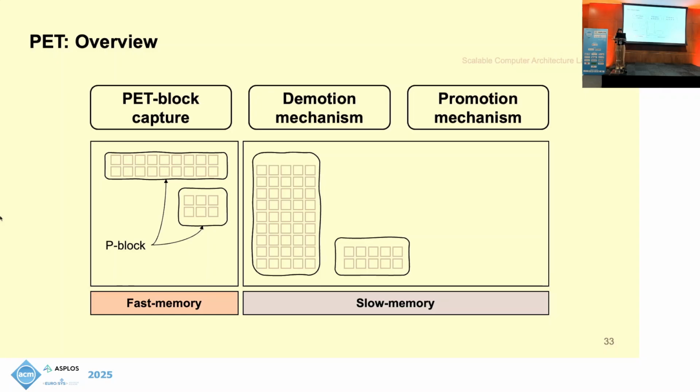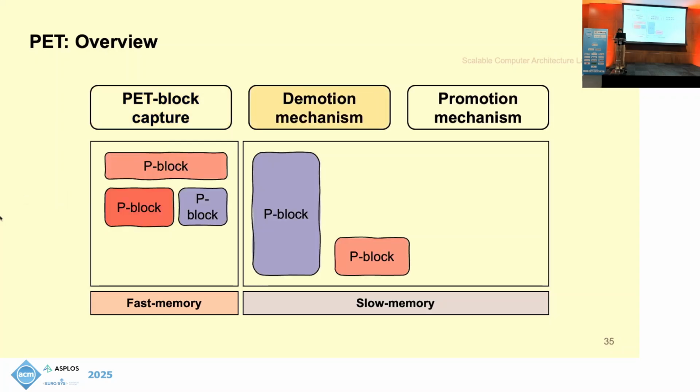Based on the previous experiment, we propose a new OS-level proactive demotion scheme named PET. PET uses PET block, P block for short, as a new tiered memory management unit, which reflects the unit in which applications allocate memory. PET consists of three mechanisms. First, the PET block capturing mechanism extracts a P block when an application dynamically allocates memory.